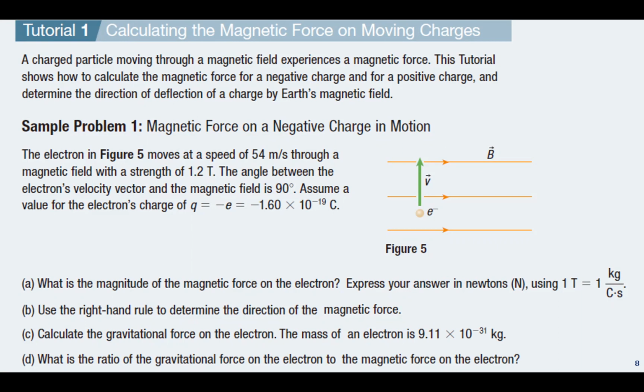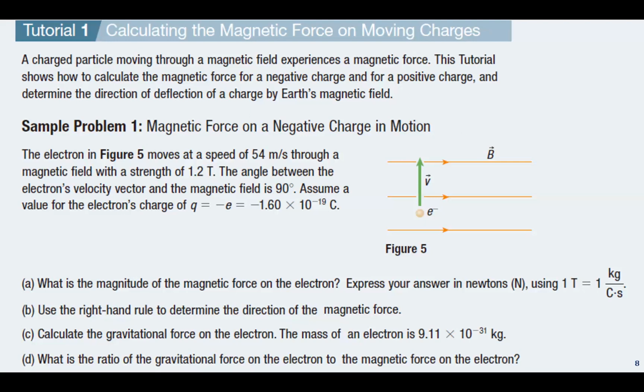So there are 4 questions you need to answer. A, what is the magnitude of the magnetic force on the electron? Express the answer in newtons using 1 tesla equals 1 kilogram per coulomb second. B, use the right-hand rule to determine the direction of the magnetic force. C, calculate the gravitational force on the electron.